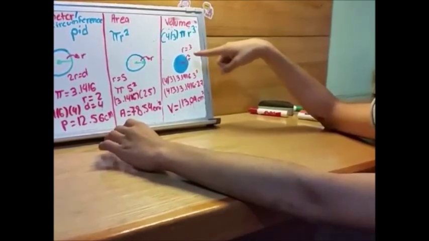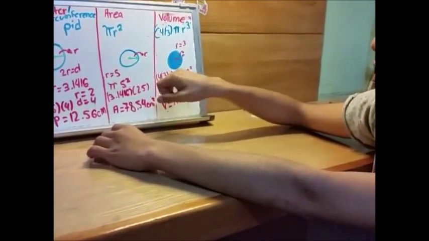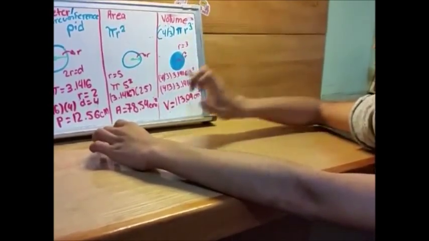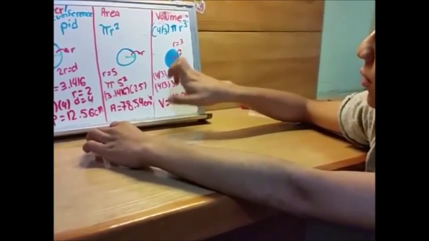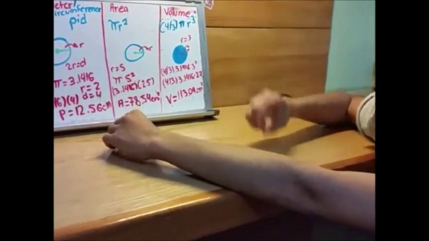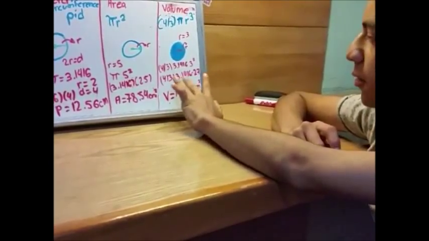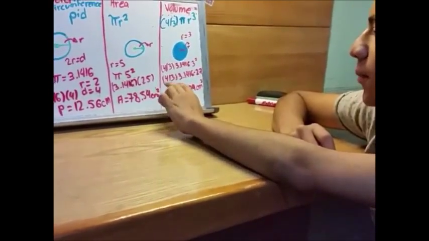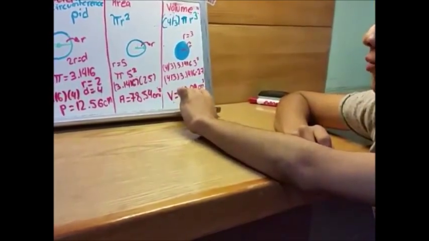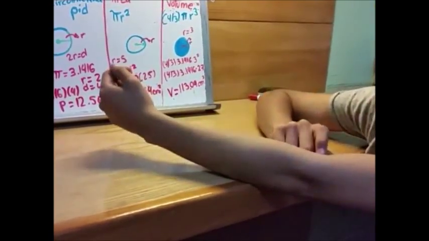We know that the radius is equal to 3. So we substitute 4/3 times pi, that is 3.1416, times 3 cubed, that is equal to 27. We multiply those numbers and we obtain that volume is equivalent to 113.09 cubic centimeters.